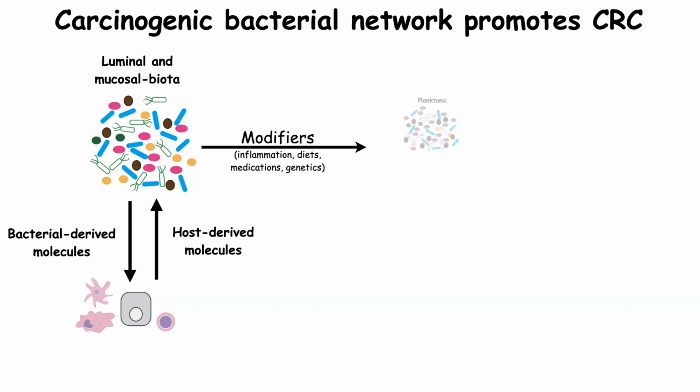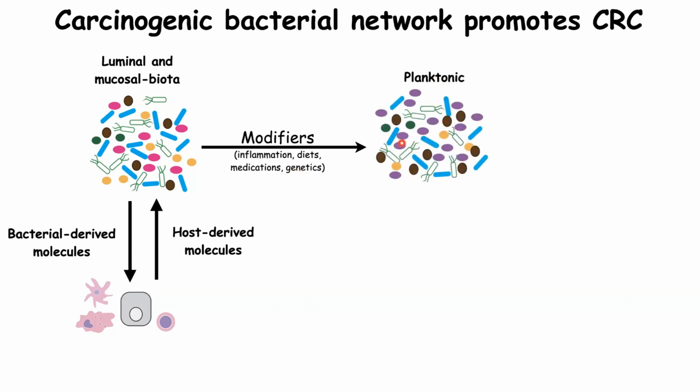All these factors could change your microbiome, either at the planktonic level, which means in the luminal location of the bowel, or the microbes that associate with your bowel, so the organizational aspect of microbes on your tissue.